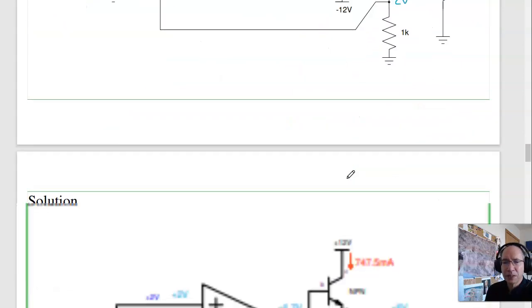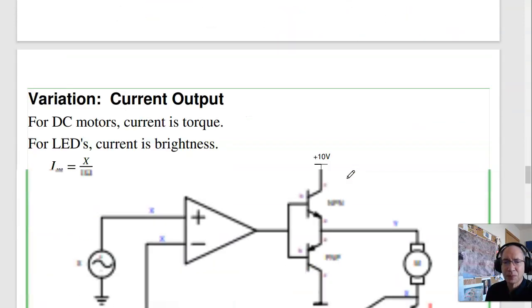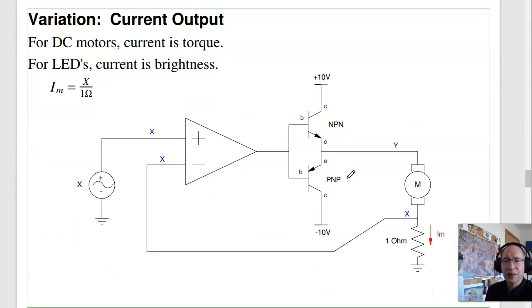There's another variation of it. Oh, here's the answer. Variation. I can also build a current amplifier. Back in circuits, you use this symbol, a current source. That's what this is.